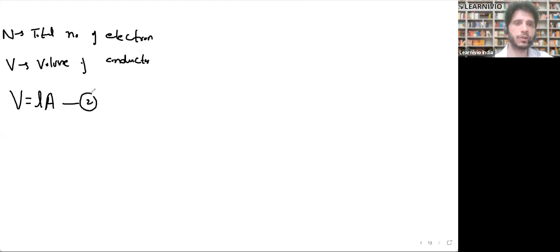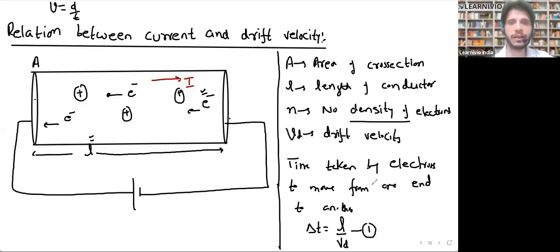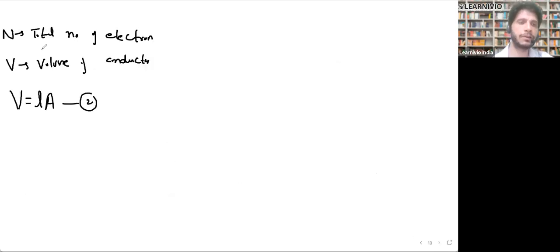That's the second equation. Now you can easily relate volume with number density and this capital N. Small n means number of electrons in unit volume. For total number of electrons, you can simply multiply small n with V. So you can write total number of electrons as N equals n into L into A. That's the third equation.